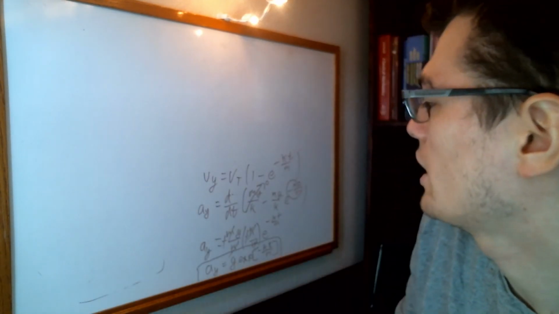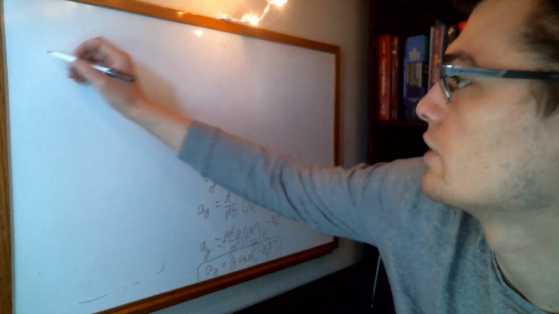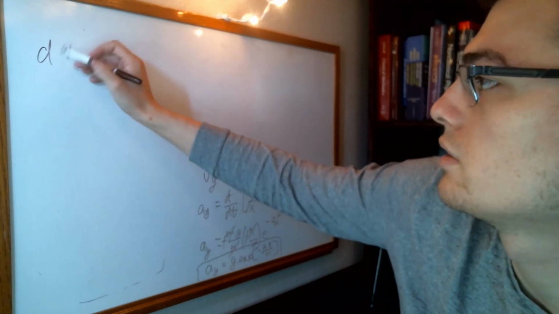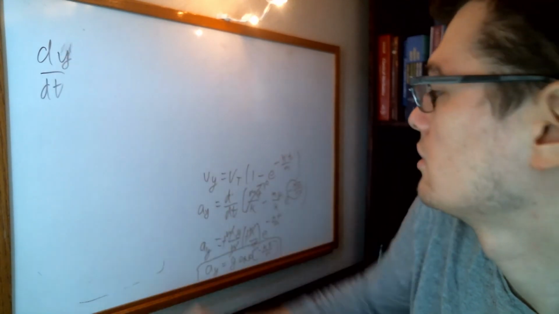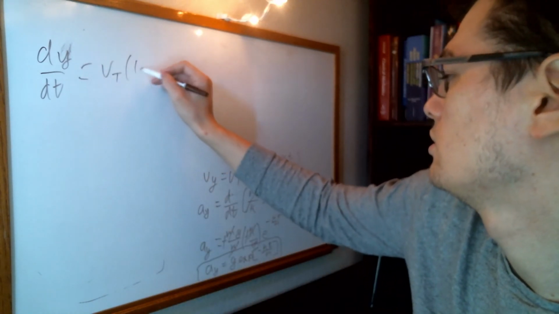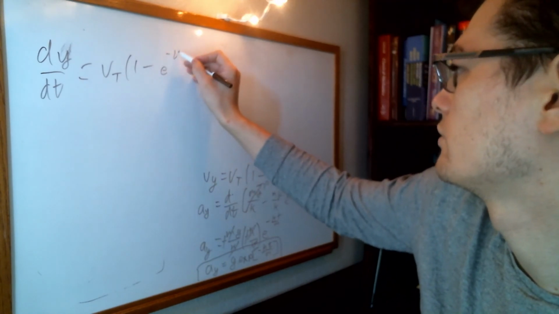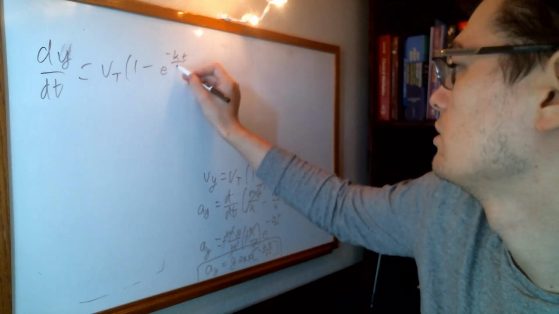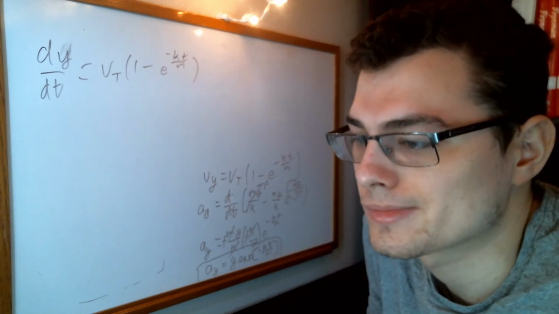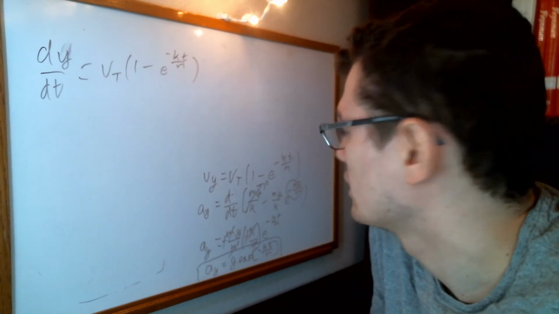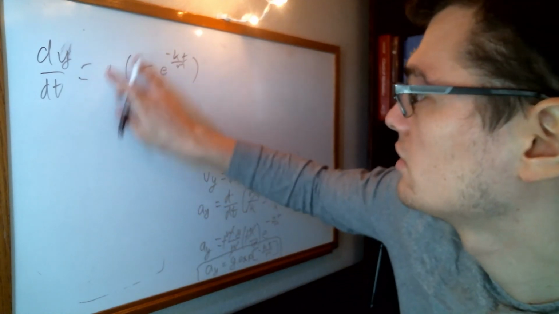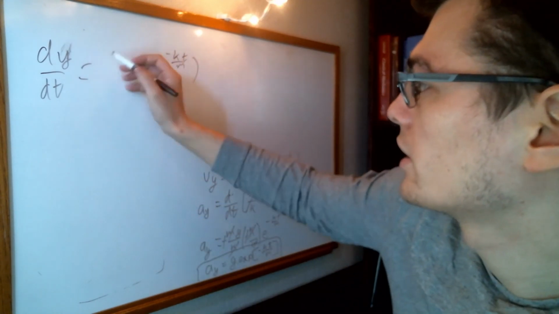So what we have here is Vy is just going to be dy/dt here, and this is going to equal Vt (1 minus e^(-kt/m)). And I'm going to plug back in again what Vt is, and I believe that was just mg/k. So I'm going to plug all of that back in.